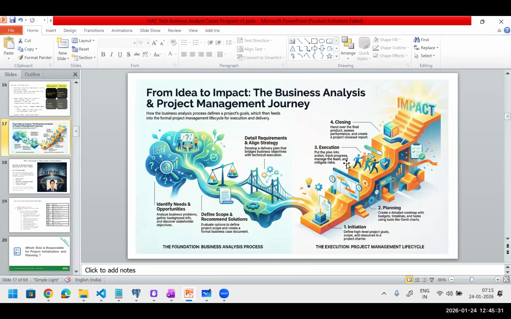But a tech team is composed of BAs, business analysts, who gather the requirements, define or spec out the requirements in order to build the tech solution.